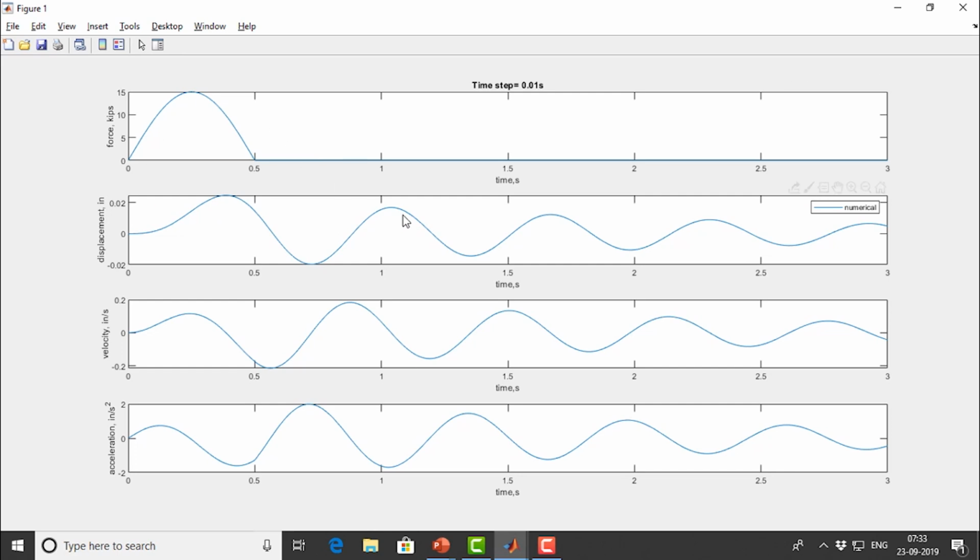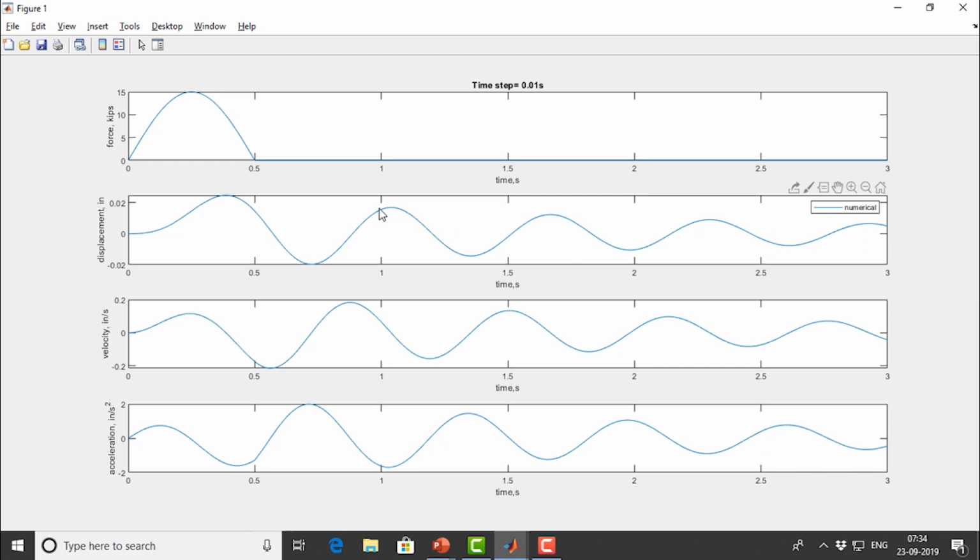So this is the response with a time step 0.01. Here I am not comparing it with the theoretical solution, but as you can see here, since this is a damped system, the amplitude of the response of the displacement, velocity and acceleration reduces with time.